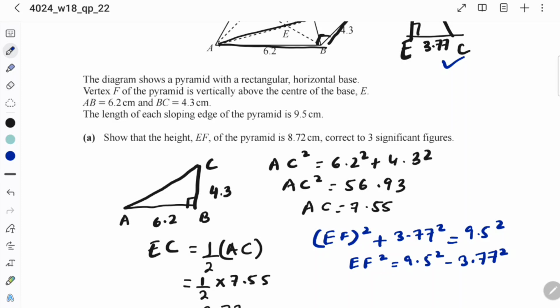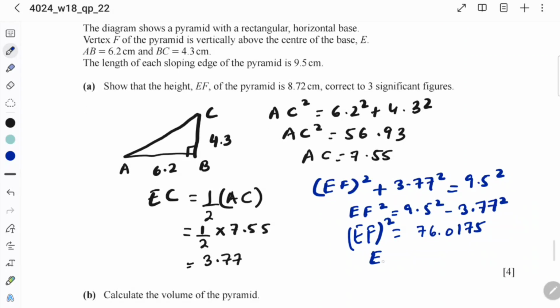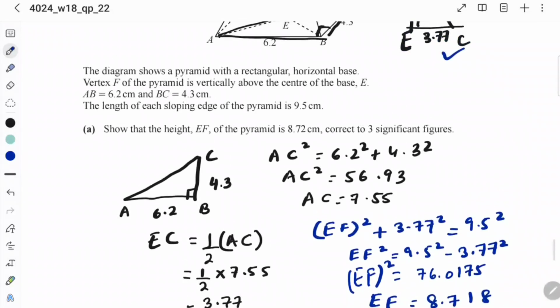That is equal to 76.0175. It is EF square, and EF will be equal to the square root of this, which will be 8.718, so 8.72. Okay, this was part A.